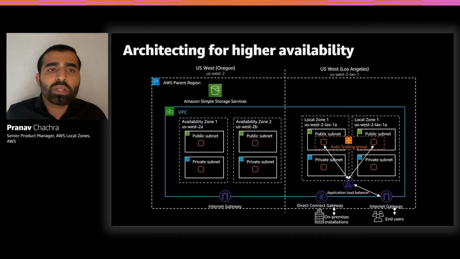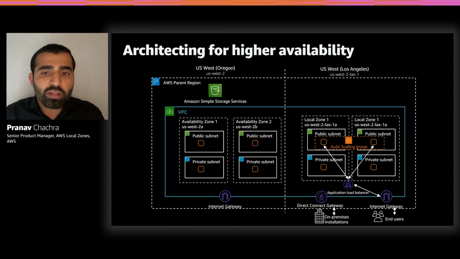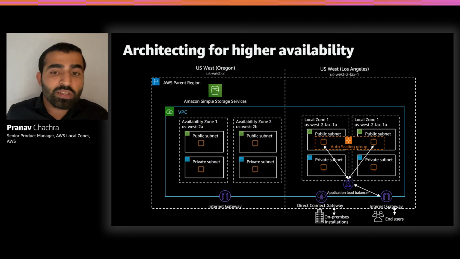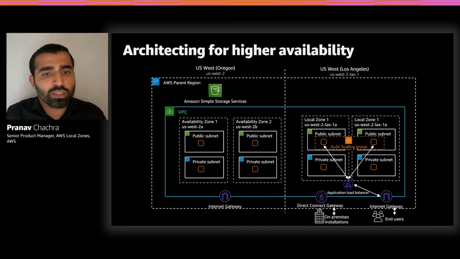Local zones can also be used to further improve high availability for applications while you maintain ultra-low latency. One scenario for high availability requirements is enterprise migrations that I discussed earlier. These enterprises have workloads that currently run in existing on-premises data centers in a metro area, and it can be daunting to migrate these application portfolios, many of which are interdependent.